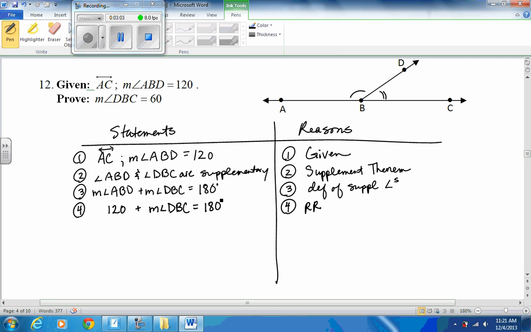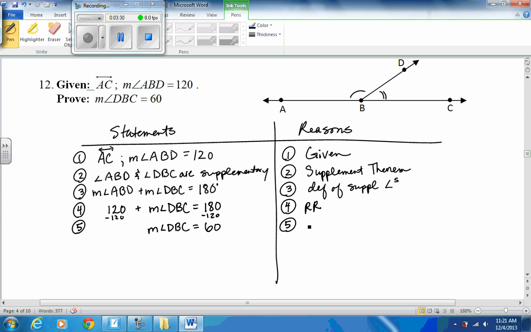And now how do I know that DBC is going to equal 60 degrees? Well, it has to make sense, but in a formal proof you need to show that and justify that. We're going to subtract the 120 from both sides. You don't have to show that. It's some algebra again. But if it helps for you to see it there, you can put the minus 120. Again, the arithmetic you don't have to show, just show me what you're going to get and say what you did: subtracted from both sides.